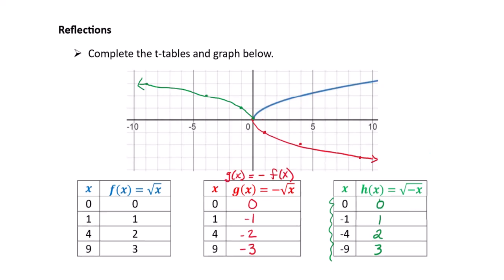Multiplying by a negative is going to be some kind of reflection. If it's negative of the entire function, then it's going to be the opposite of the y's, and it reflects over the x-axis. If it's a negative of the x, again, it's another reflection, but it's a reflection over the y-axis.